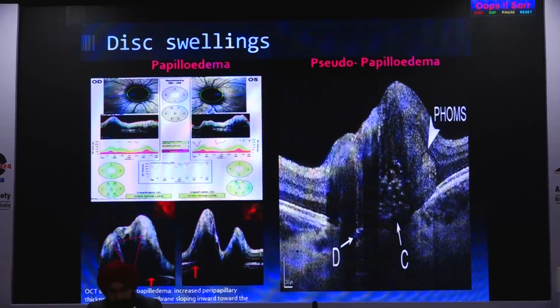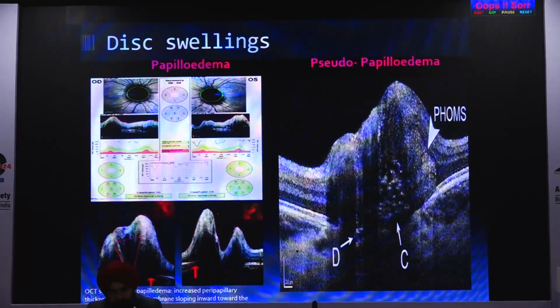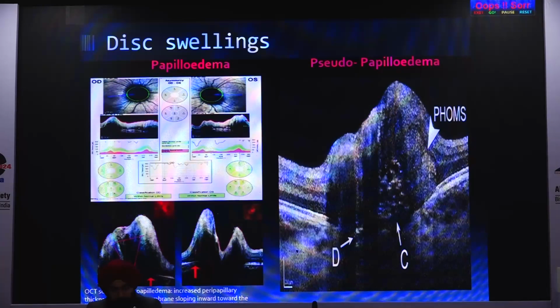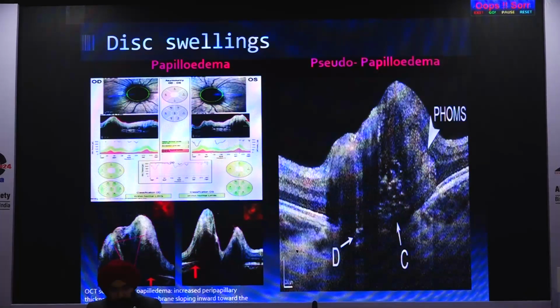Papilledema and pseudopapilledema, one important thing is that in the raster scan, just see the RPE-Bruch's membrane. If it is pointing to the inner side of the retina, then it is because of the edema, and you need to see the hyporeflective triangular zone between the photoreceptor and the RPE, and also you see the temporal side of the retinal layer where you see corrugation, which can be evident.